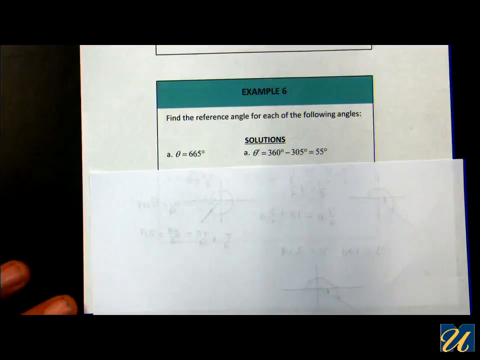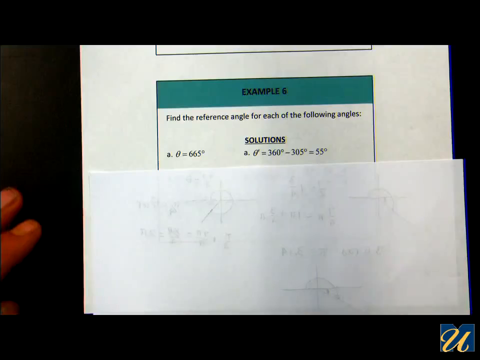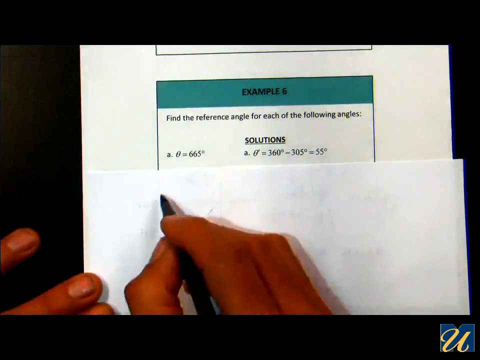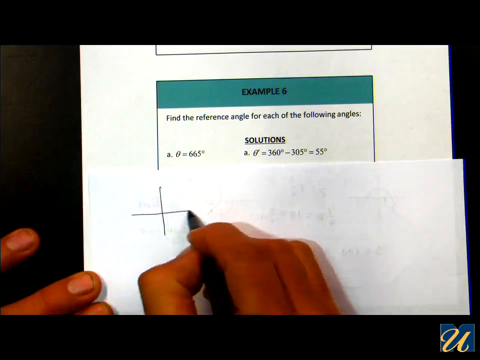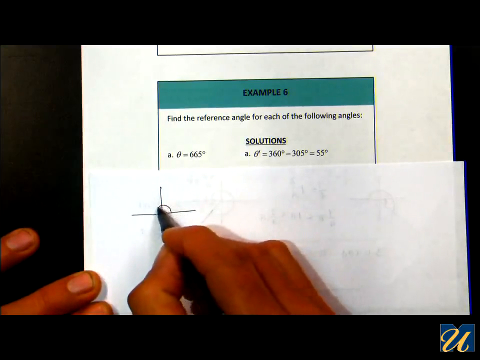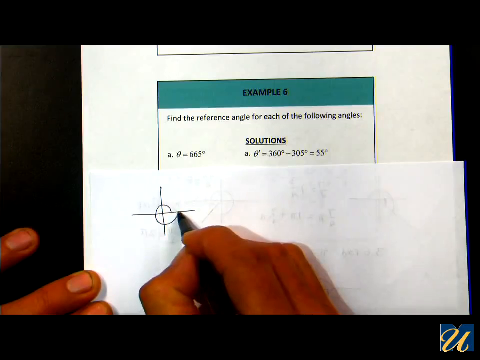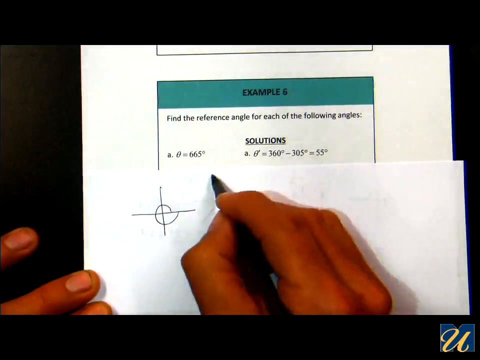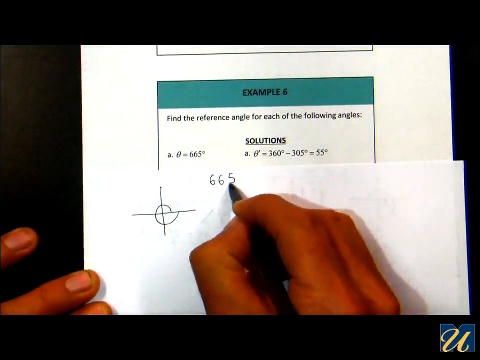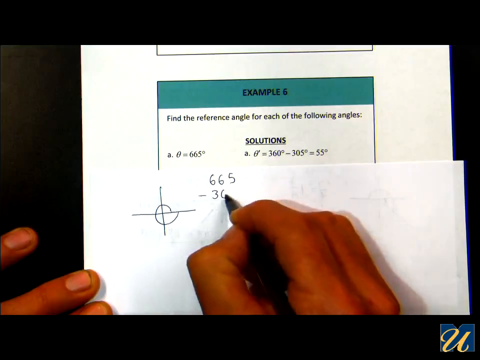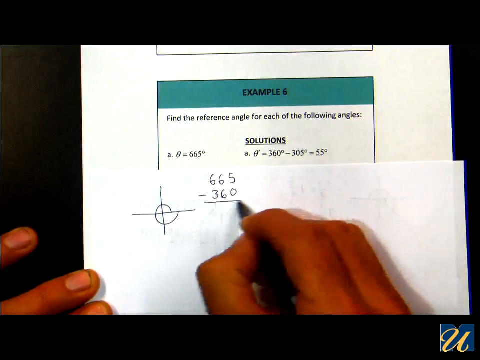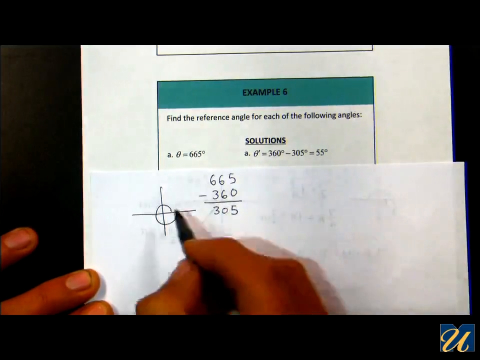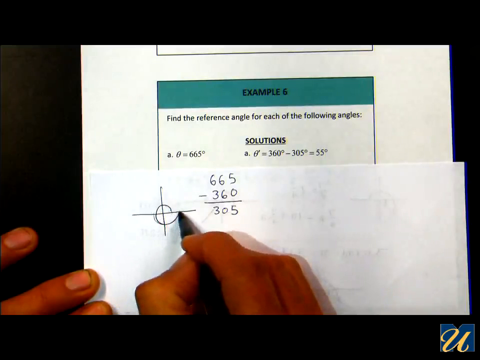Here's a large angle, 665 degrees. So for 665 degrees, think about that. All the way around, that's 360. So this is a rotation that's very, very large. You take 665 and you subtract a full rotation, you end up with 305, which means the given angle is a full rotation.